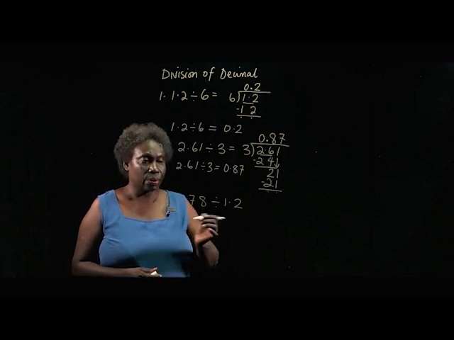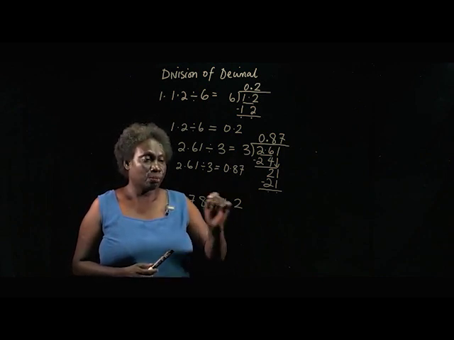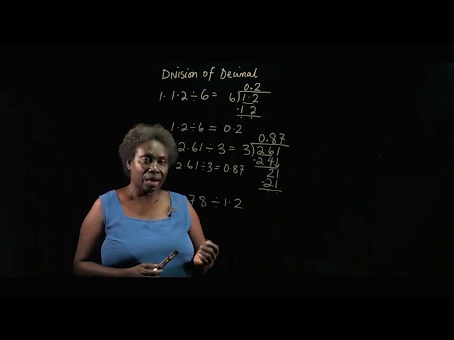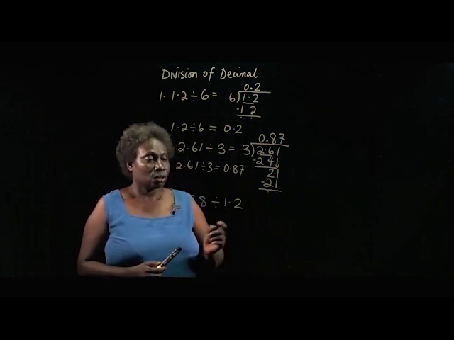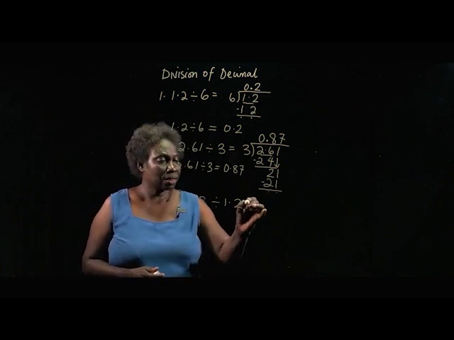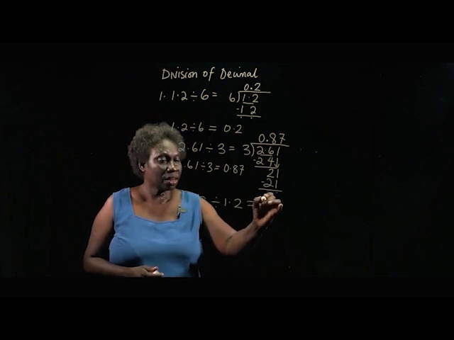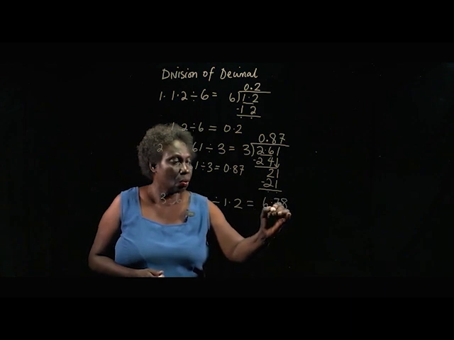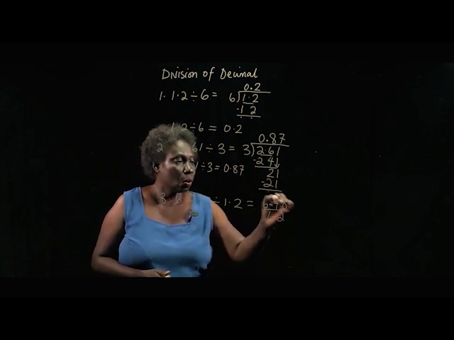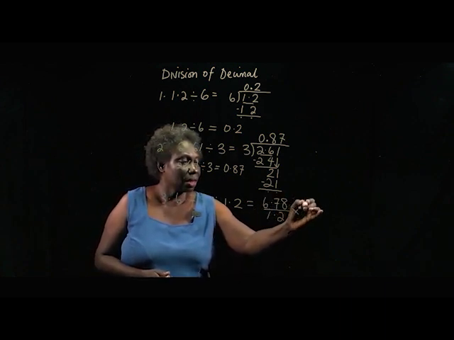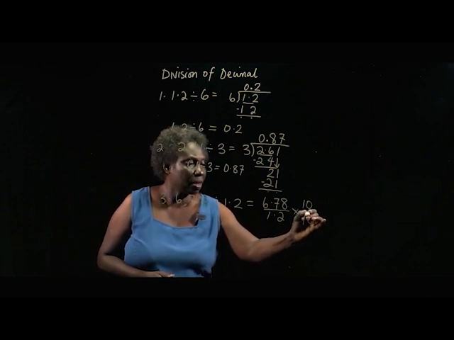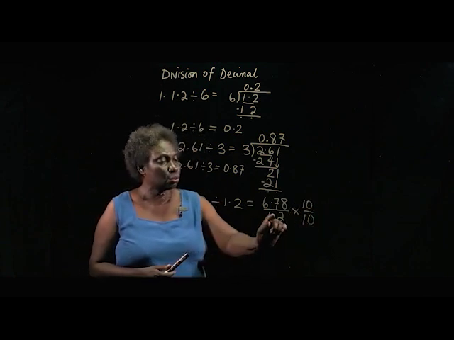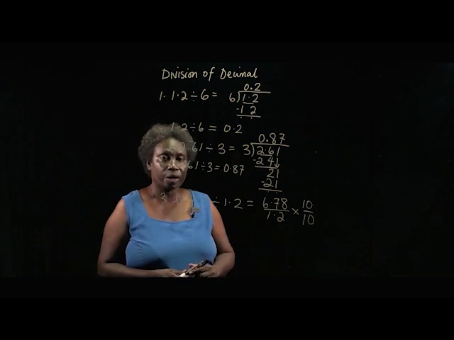As we have learned in our previous lesson, when you have one decimal place, we multiply by 10. So, I am going to express this as a fraction. 6.78 over 1.2 times 10 over 10. Why am I multiplying by 10? Because I want to change 1.2 to a whole number, which is a divisor.